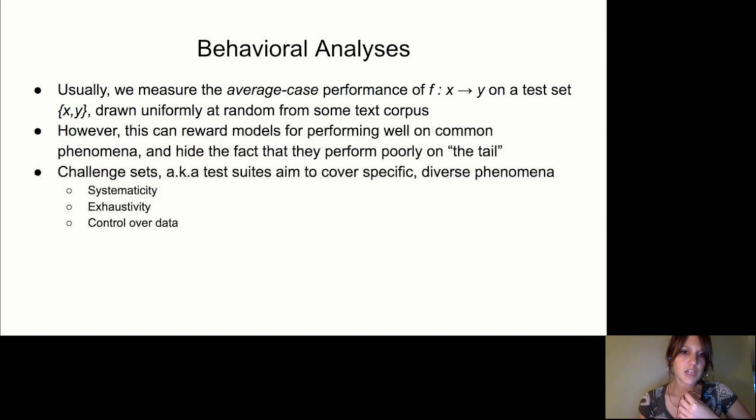When we have things like challenge sets, we have the advantage of being able to be more systematic in the types of phenomena we're evaluating, and to make sure we're exhaustively covering the types of phenomena we care about. We're not just at the mercy of what a random sample of the data set would contain.